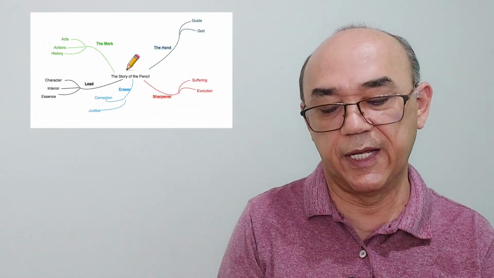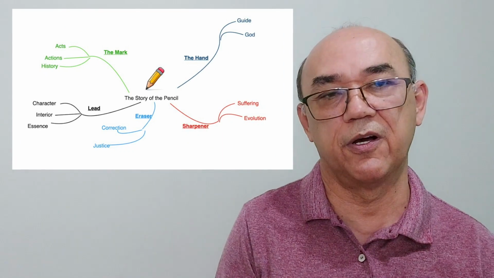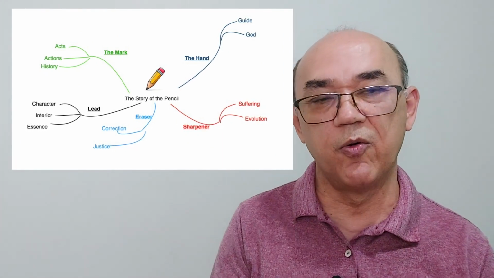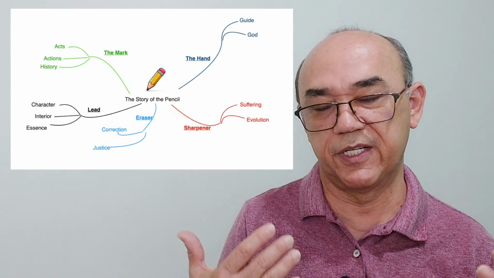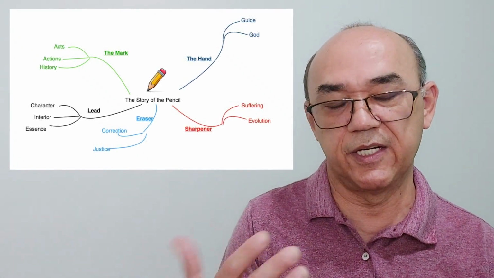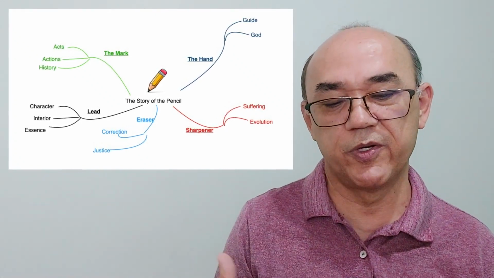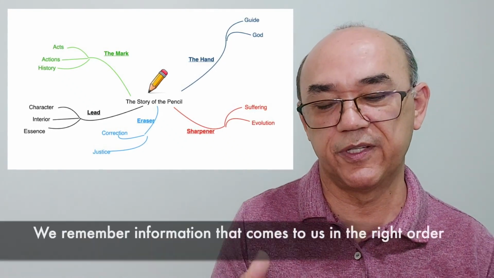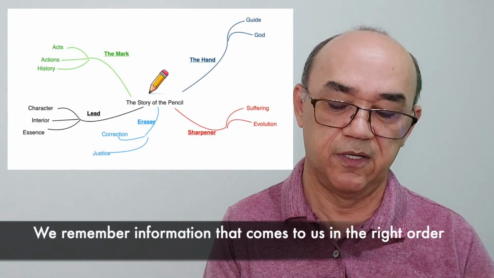So you see the importance of keeping the integrity of the information and the hierarchy of the information, because that's how good information keeps us connected and remembering. We always remember more information that comes to us in the right order.